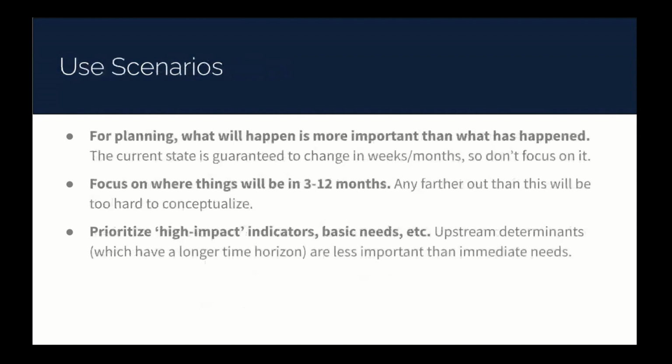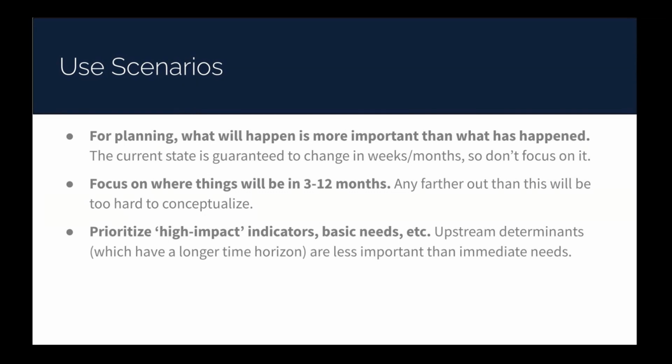So another approach and another recommendation is to use scenarios. As you think about where we are today from a needs assessment perspective and from a planning perspective, how you use the needs assessment, what is going to happen is probably more important than what has happened. We know we're not done with COVID. We know we're not done with community impacts.